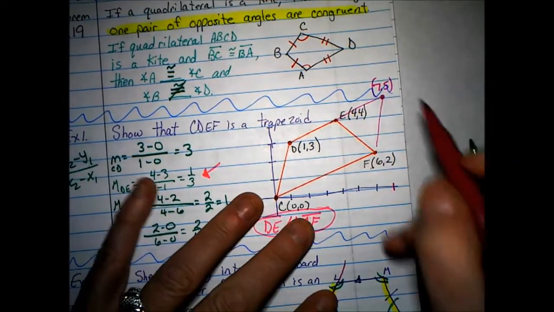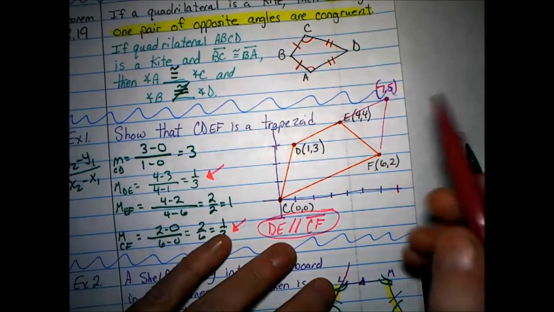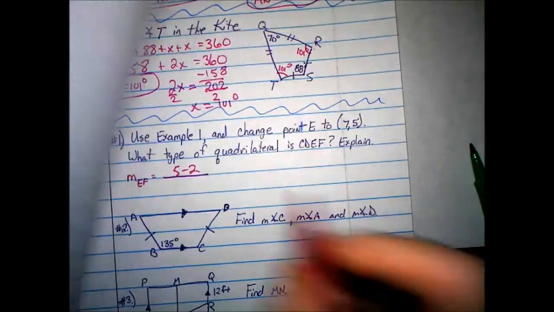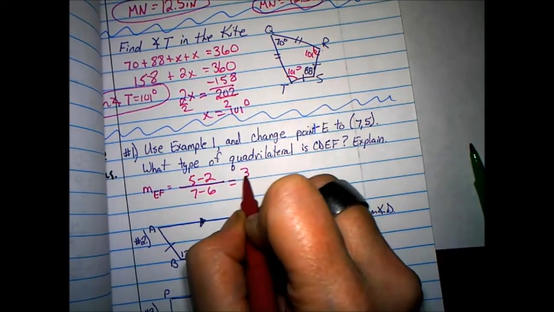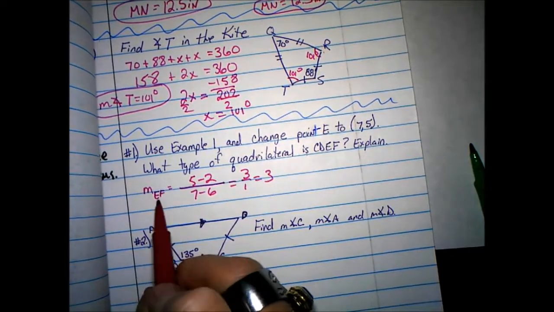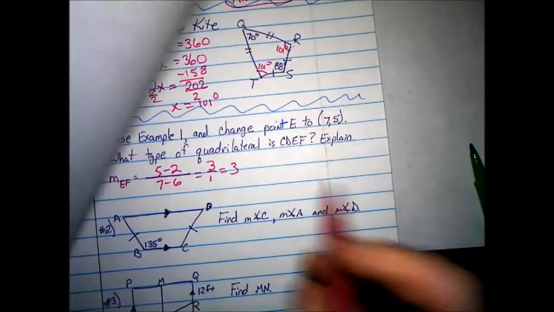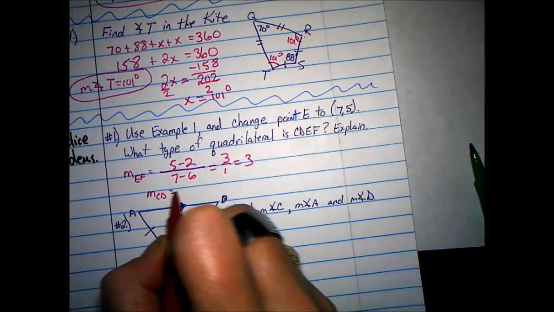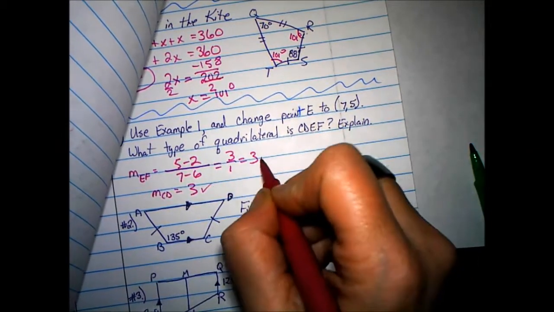I'm going to have 5 and a 2 for my Y's, and 7 and 6 for my X's. 5 minus 2 is 3 over 1, so that means the slope of EF is 3. The slope of DC, or CD, on example 1 was 3 as well. Both of those were 3.